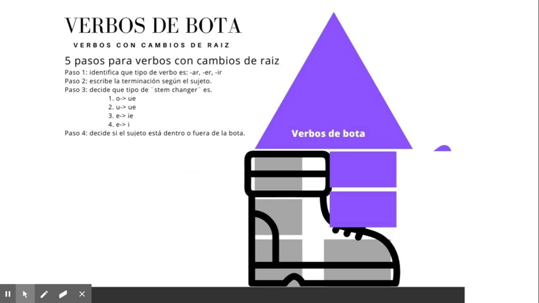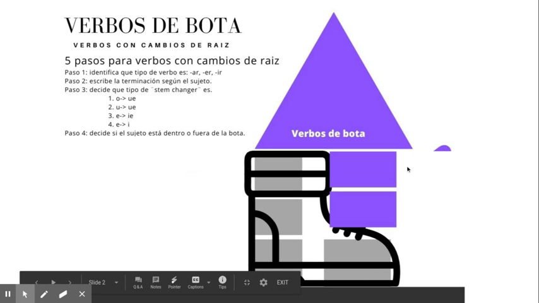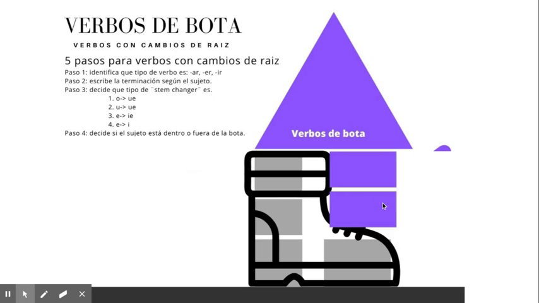Okay, paso 4. Decide si el sujeto está adentro o afuera de la bota. Okay, so this says decide if the subject is inside the boot, okay, or outside the boot. So just as we talked about earlier, nosotros and vosotros are the only ones that are outside of the boot.